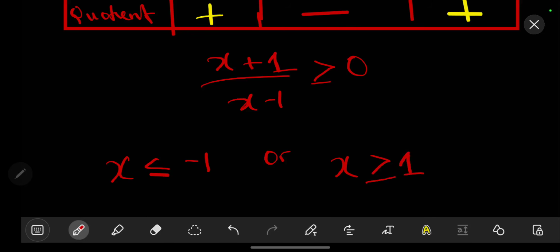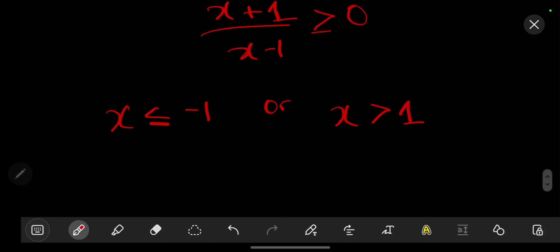Now remember, we are not going to say greater than or equal to for this one, because if we do that, we mean to say x can be equal to 1 as well, which means if we put 1 here, we are going to have 1 minus 1 on the denominator, which is going to give us 0. We don't want the denominator to be equal to 0, which will produce undefined, so we don't include that. Any value that will cause undefined, we don't include it.